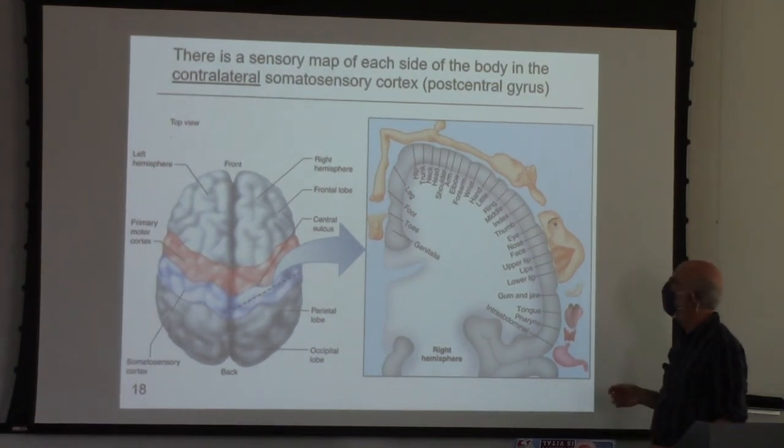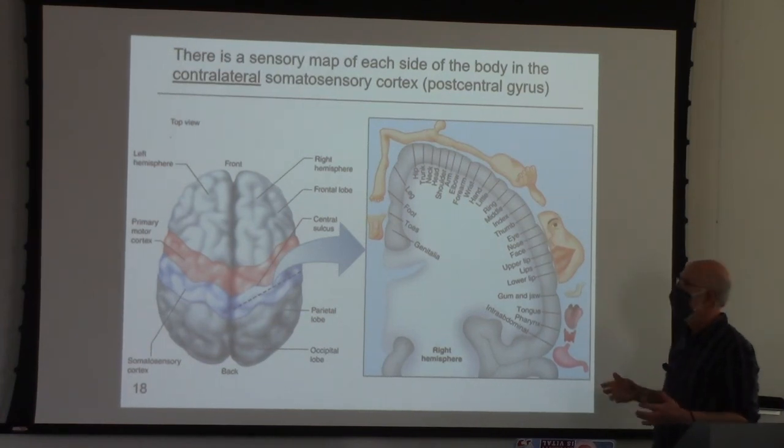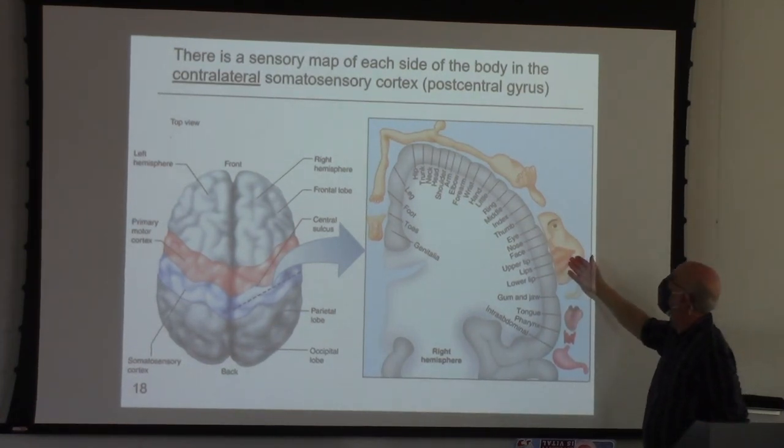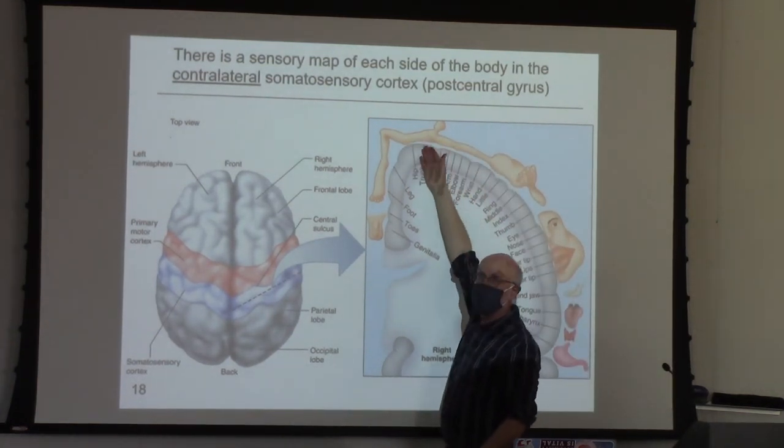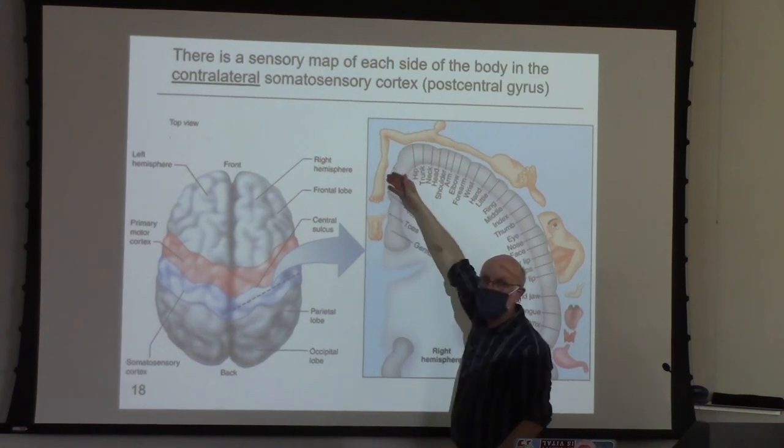I do want you to know this map. Face lateral, hands superior lateral, arms and torso superior, legs and genitals medial.